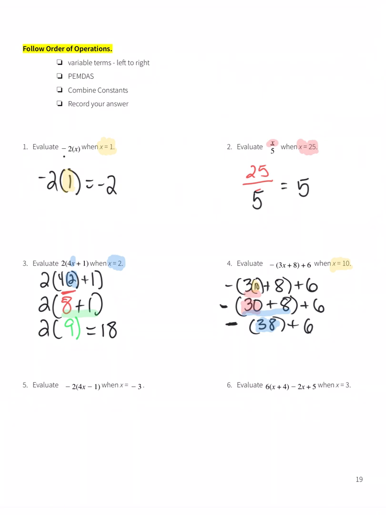All right, now let's go back here. We have this negative sign outside of the parentheses. When you have just a plain negative sign, that means you have to multiply the negative by what's inside the parentheses. I think a good way to remember that is to just write this as negative 1 times (38 plus 6).